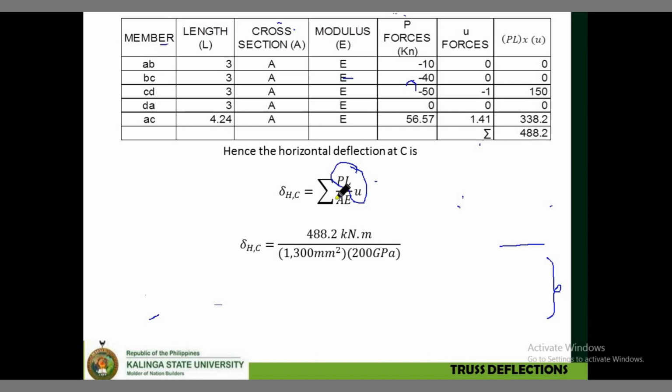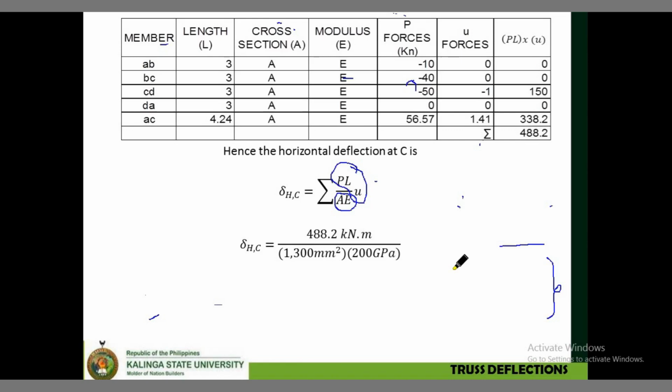Since constant naman kasi si AE, pare-pareho lang siya. So, we're going to divide them by A, which is equal to 1,300 millimeters squared, and E is equal to 200 gigapascal. Now, I'm always telling the students, your unit should be consistent.